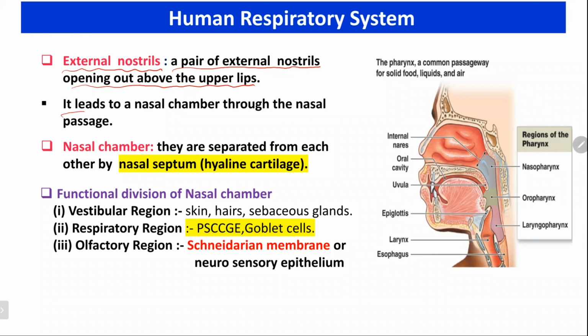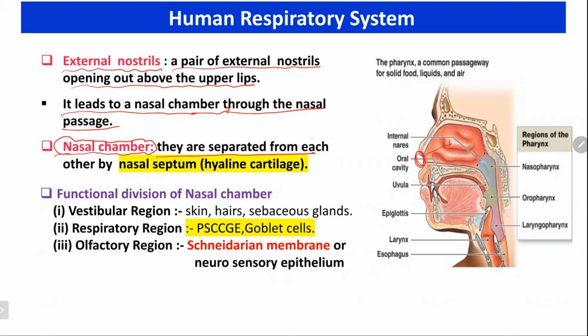Now you see these external nostrils lead to a nasal chamber. External nostrils, see here, they open into nasal chamber through nasal passage. So this is something you need to remember. Anyhow, the external nostrils open into nasal chamber. So second most important component of the respiratory system is nasal chambers.